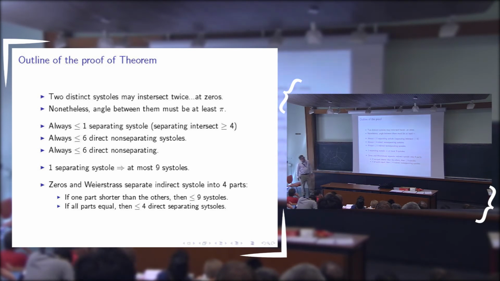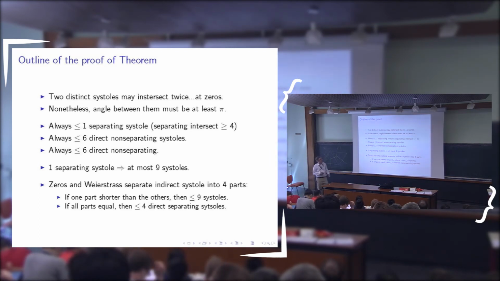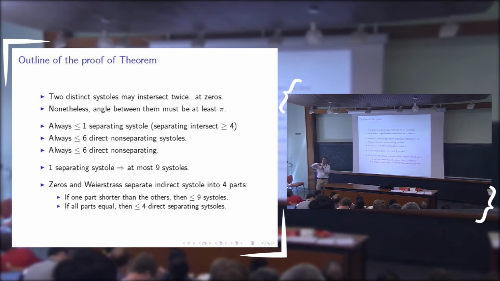Nonetheless, because separating simple closed curves intersect at least 4 times, using the fact that the singularity is at most 4 pi, you can show that there's at most 1 separating systole. And you can also show that there are at most 5 indirect systoles.